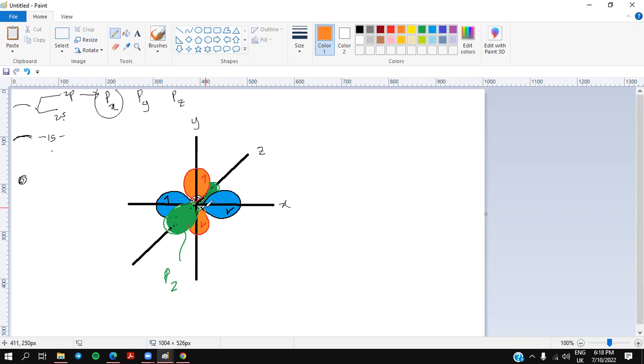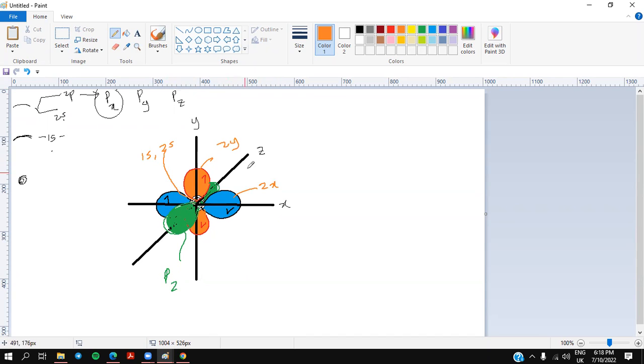Now you will ask about s orbitals. Where are these orbitals? 1s and 2s, they are over here in the middle. Here we have 1s and 2s. And here, again, I'll label them. This is 2px. This is 2py.